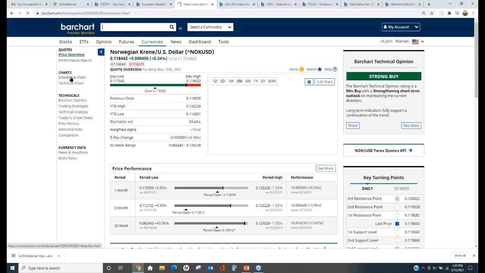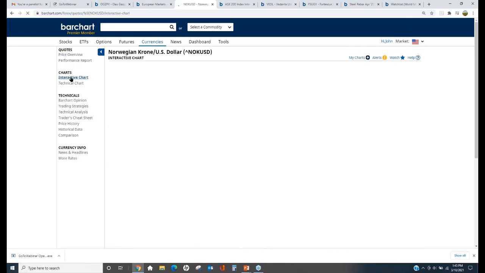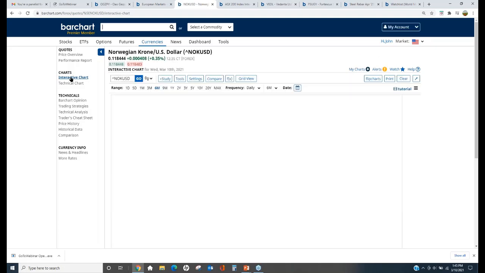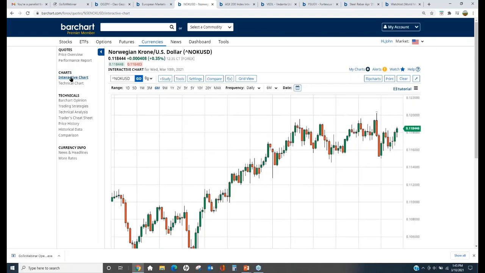And so, Brian, I think what we're going to see here is probably similar price action as we saw in the euro. Let's see, keep my fingers crossed. It's kind of in a sideways motion, but in the last week or so, we're starting to see the krone appreciating versus the dollar. And the trend looks very similar to the index that we looked at. It's almost right on top of it. Okay.